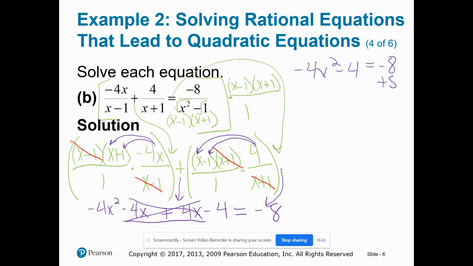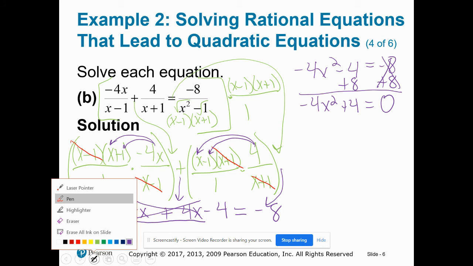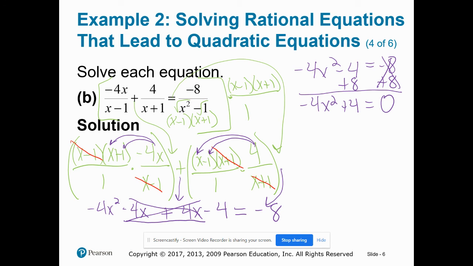I'm going to bring over that 8 by adding 8. Negative 4x squared, negative 4 plus 8 is positive 4, and that equals 0. Always, always, always making sure that we're starting with a greatest common factor, and our common factor here is 4.